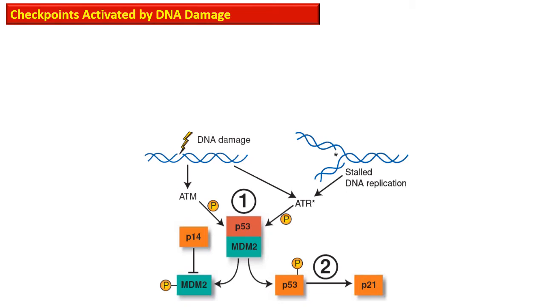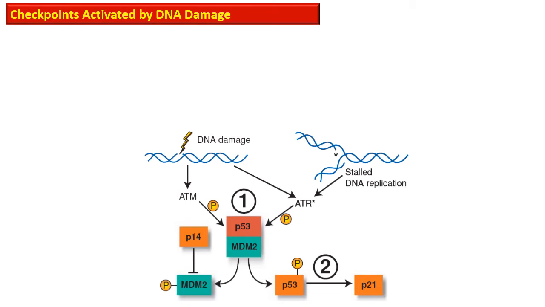When there is damage to DNA by some physical factor, or if the DNA replication is defective, there is activation of ataxia telangiectasia mutated and ataxia telangiectasia mutated and RAD3 related kinases. These kinases phosphorylate P53, and P53 is released from its inhibitor, that is MDM2.